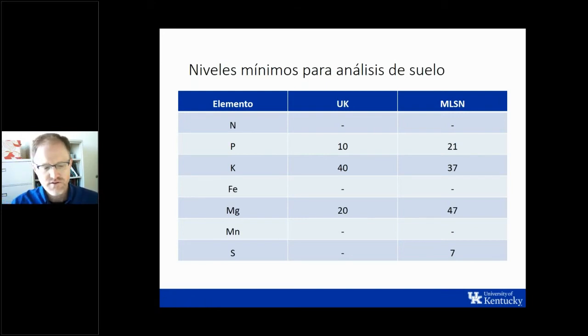So this question came up before the presentation started about MLSN, and my take on MLSN is if it's resulting in greater efficiency or enhanced efficiency of applied nutrients compared to the existing interpretation, then use it. The existing interpretations oftentimes are on alfalfa or wheat or some ag crop or row crop, and that was the best evidence we had for a while.